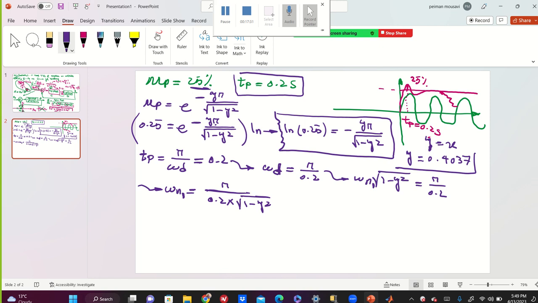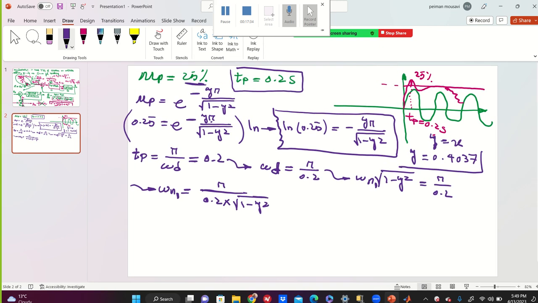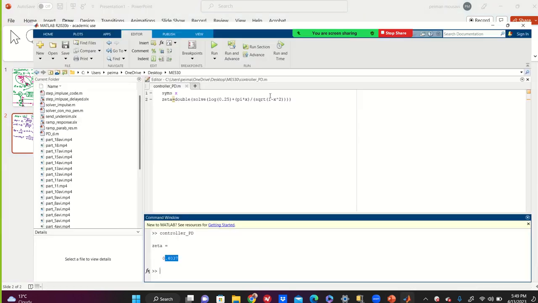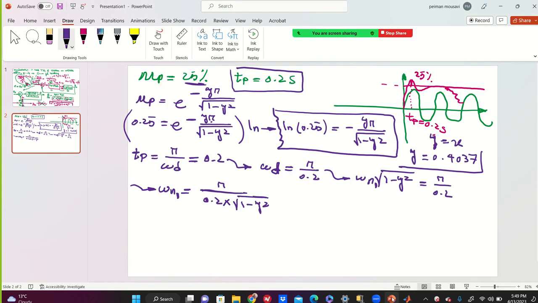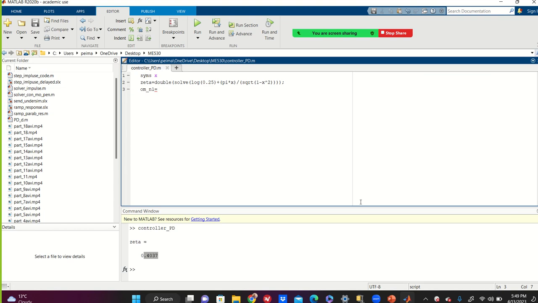So I'm going to do this again in MATLAB. After having this, I'm saying omega n1 is pi divided by 0.2 times the square root of 1 minus zeta squared, and we got zeta squared from the above line, that's right?